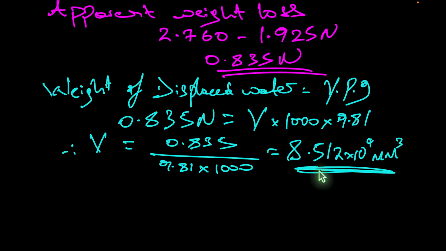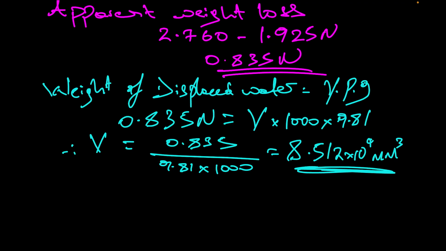So that is representing the volume of the displaced water. So that's part A done. Now part B is us looking at the density of the body. So let's take a look at that.